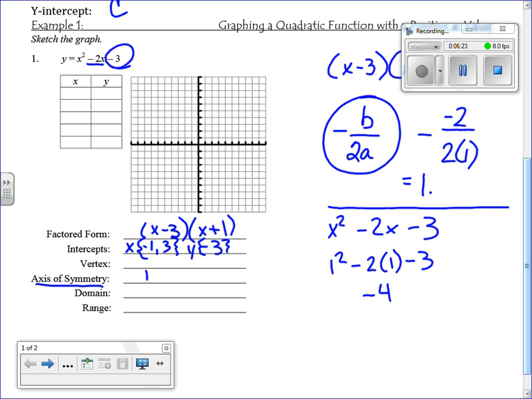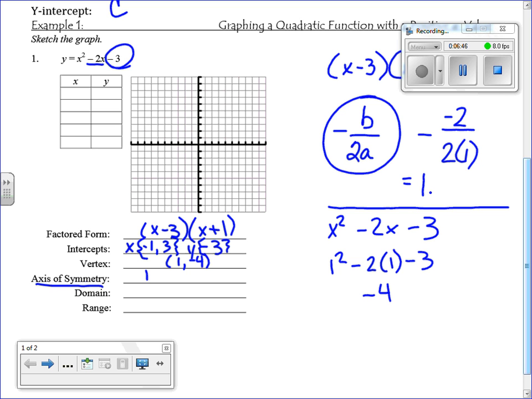My axis of symmetry is my x value, and by substituting that x in there, negative 4 is my y. So my vertex is going to be (1, negative 4). That is my vertex.